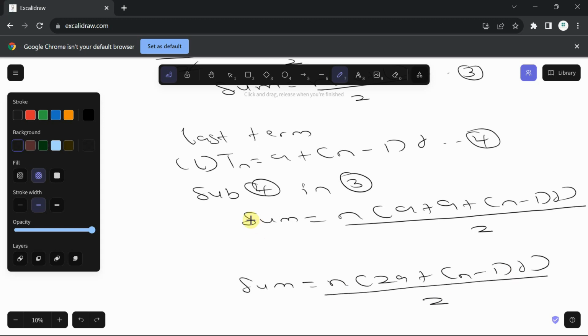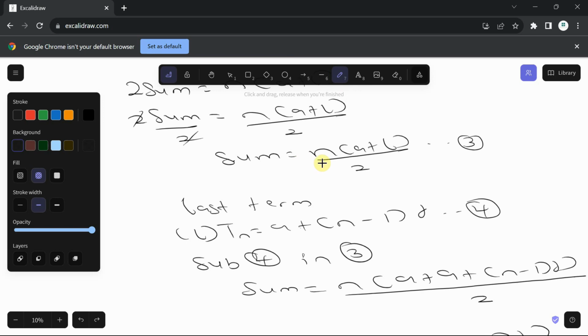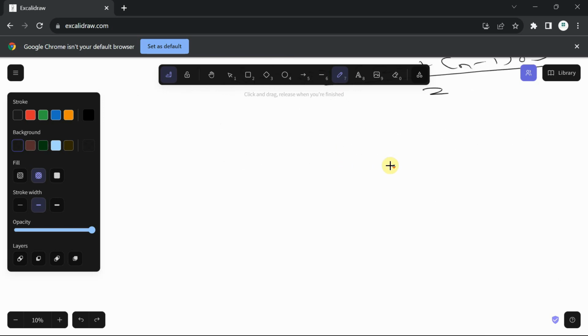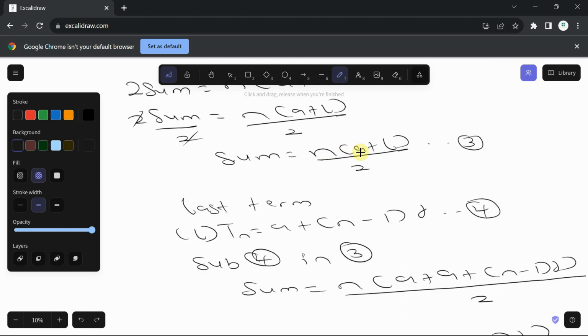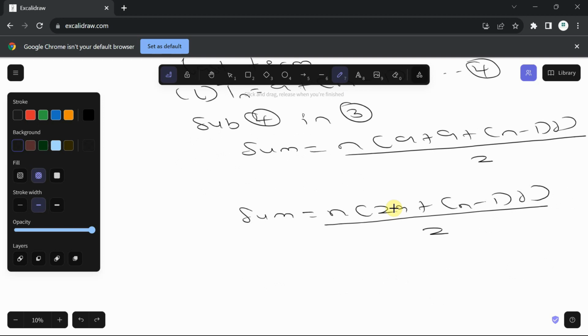So you can see that these are two ways of expressing the sum. Either it's n open brackets (a plus l) divided by 2, or n open brackets (2a plus (n minus 1) d) all over 2. If you are given the first term and the last term, you can easily use this one. But if you are given the first term, the number of terms, and the difference, you can use the second formula. So the choice depends on the particular question that is being asked.